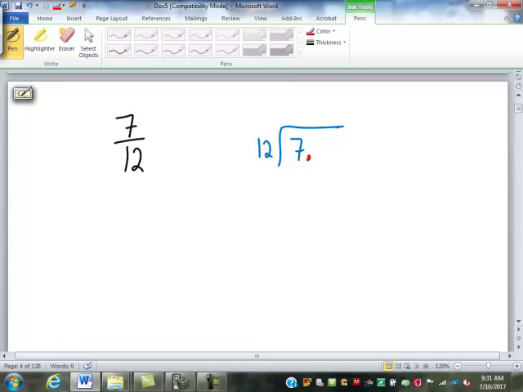Okay, we had the decimal. Move it up. Add a 0. 12 goes into 70 5 times. That's 60.